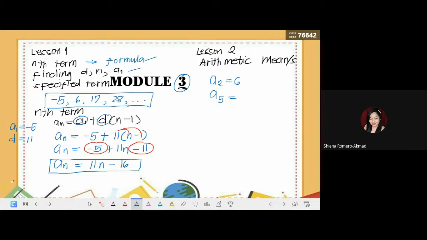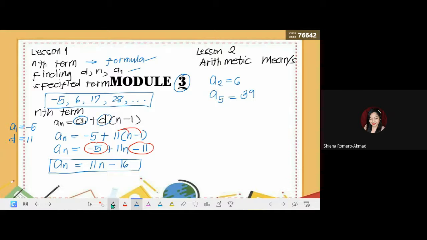Ano ba A sub 5 nito? Plus 11, 39. Kunwari, yan lang yung dalawang term na meron tayo. Hindi nagbigay ng iba pang term. Hindi rin nagbigay ng equation or formula. Hindi rin nagbigay ng difference. Hindi rin nagbigay ng first term. So, ano yung pinapahanap naman dito?